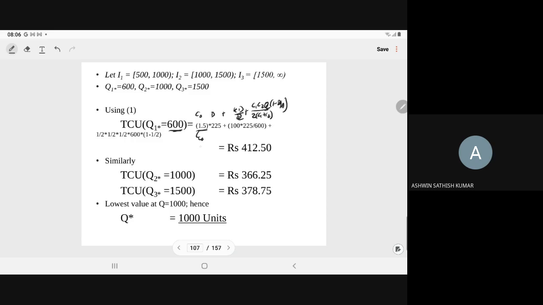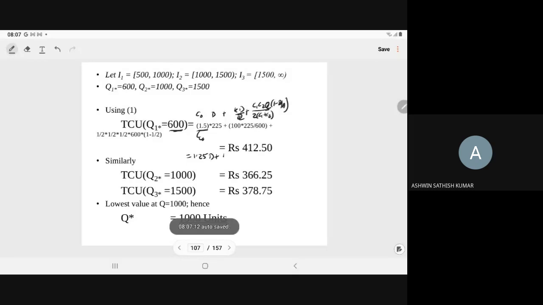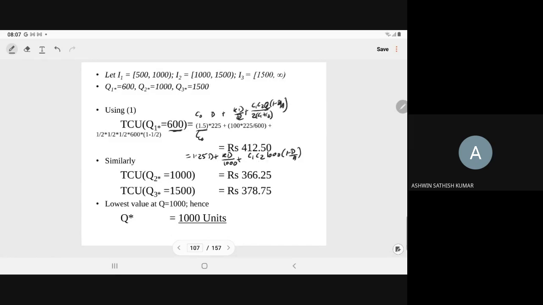Now instead of 600, if you take Q as 1000, it will become 1.25 into D plus KD upon 1000 plus C1 C2 upon (C1 plus C2) into 1000 into (1 minus D upon A) upon 2. So this will come 378.75.